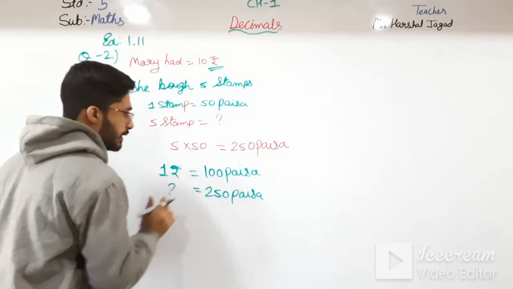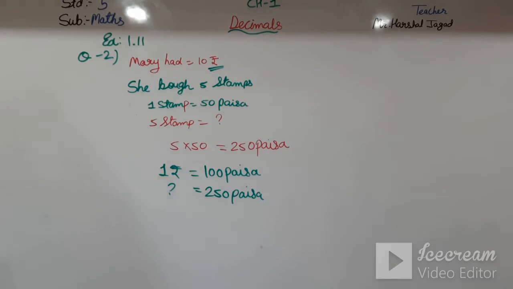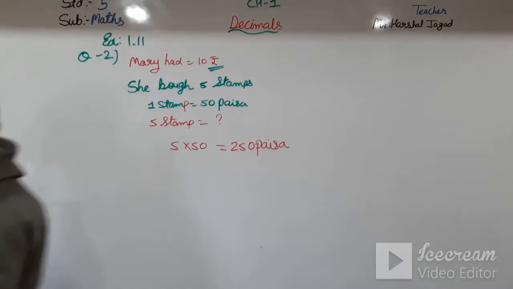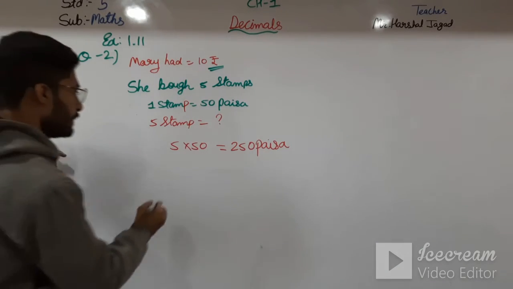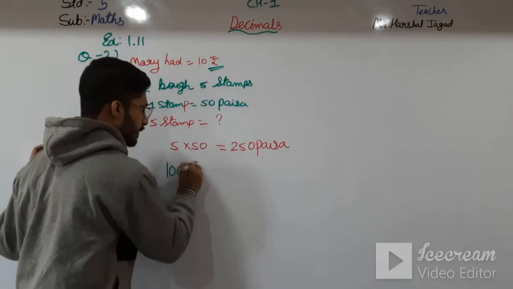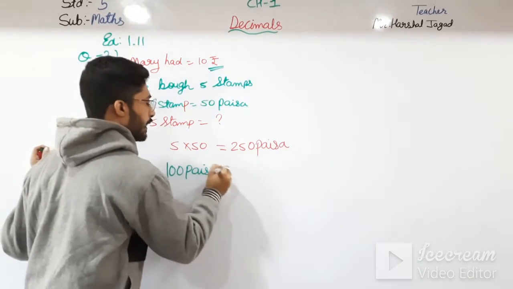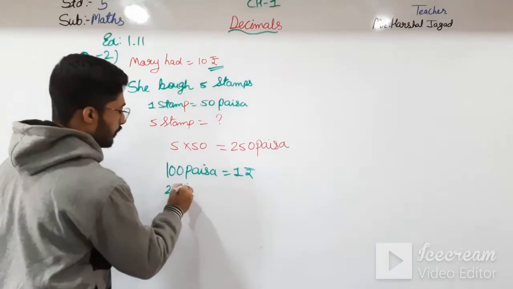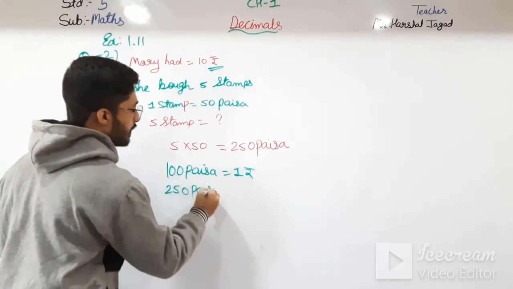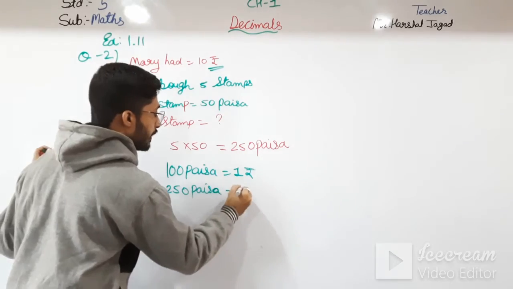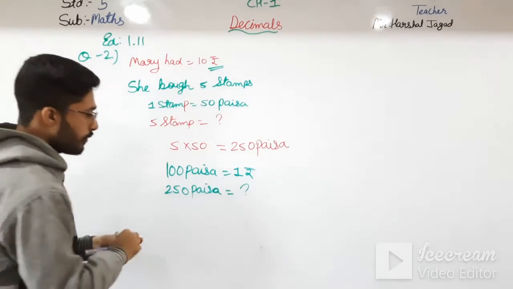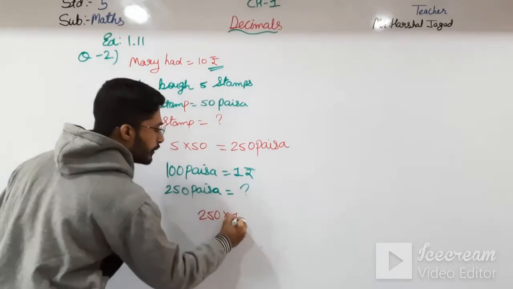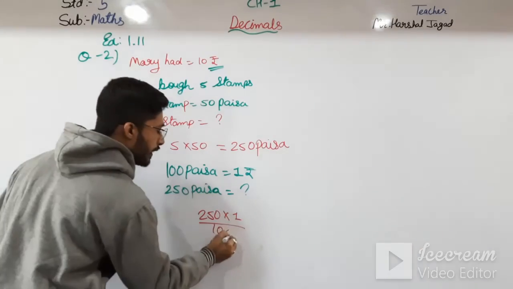Or you can write this in inverse; I am writing that only. So 100 paisa is equal to 1 rupee. Then 250 paisa is equal to how much? So we have to cross multiply, that is 250 into 1 upon 100.